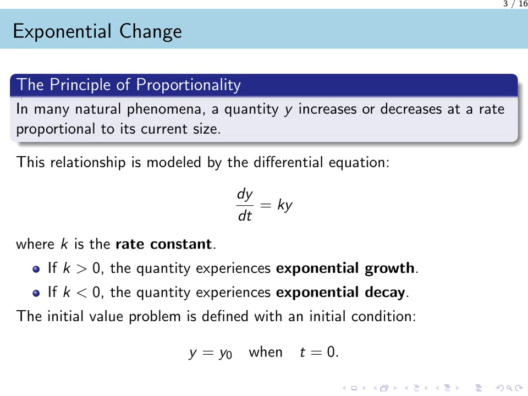To pinpoint a specific outcome, we must also know the starting amount, which we call the initial condition. y equals an initial value, y naught, at time 0. This differential equation, combined with its initial condition, forms an initial value problem, which is the complete framework for modeling exponential change.